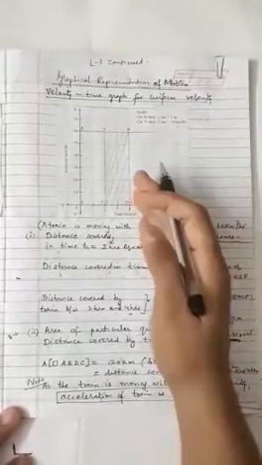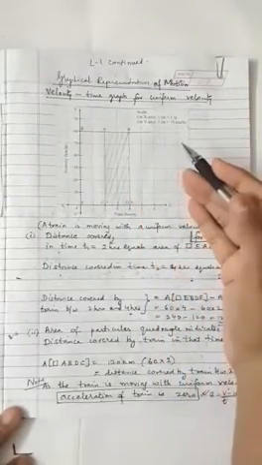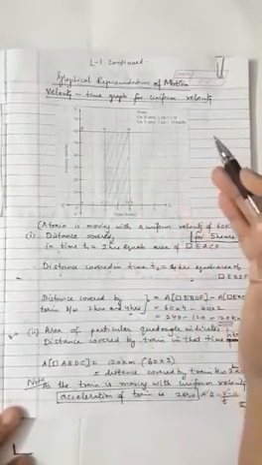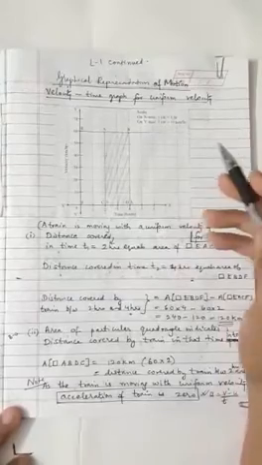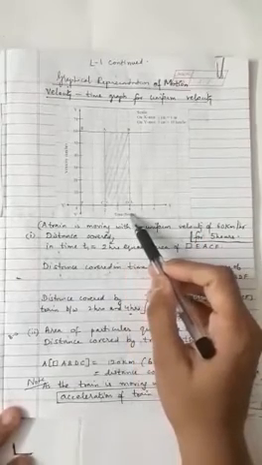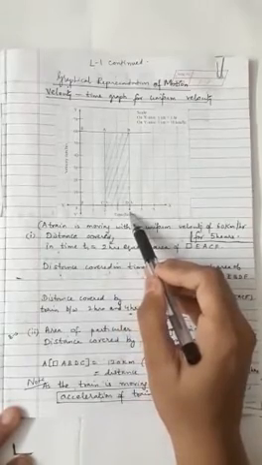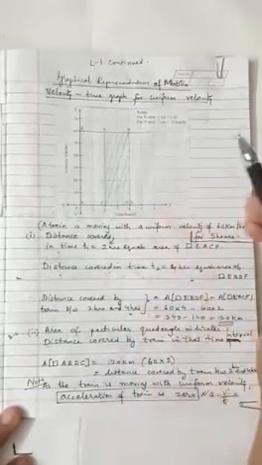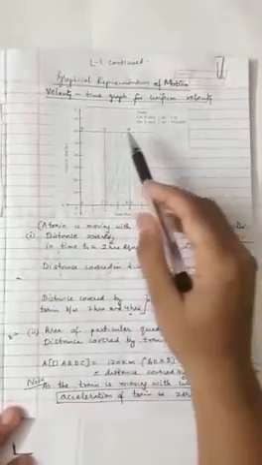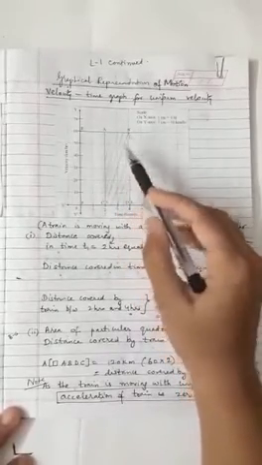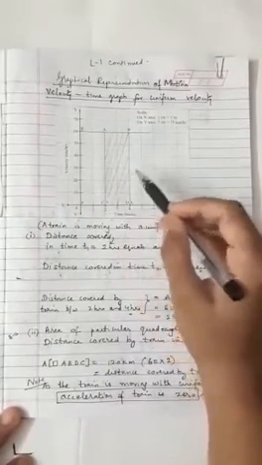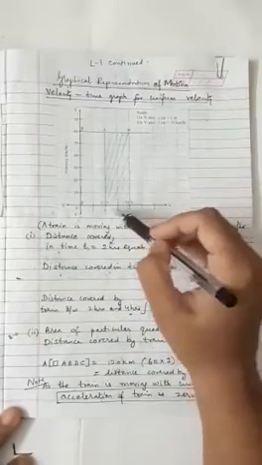Now directly we can find graphically the distance covered by the train between the second hour and the fourth hour. So graphically we can directly take the area of quadrilateral ABDC.